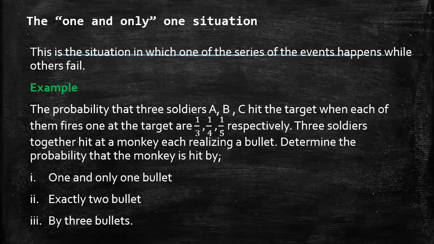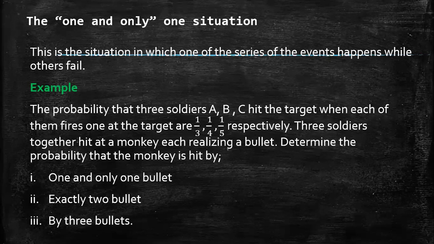So this is a situation in which one of a series of events happens while others fail. If soldier A hits the target, the other two are not going to hit it. If B hits the target, the other two will not hit. If C hits the target, then the other two will not hit the target.